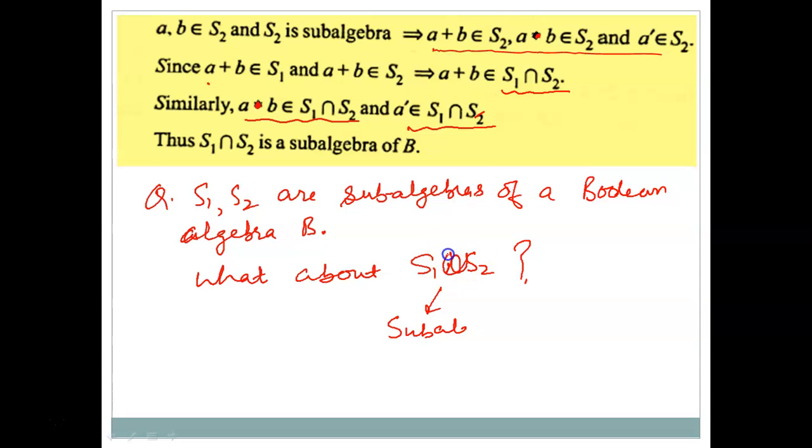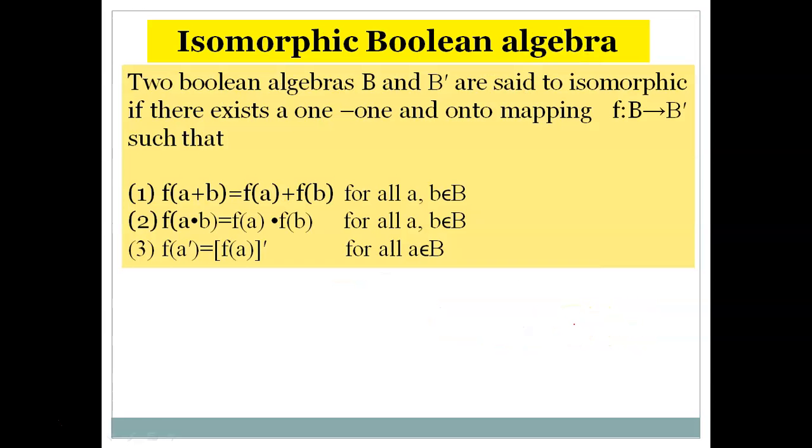Not intersection but union. Is it a subalgebra of B or not? So this is a question. You can try this. Next come to the isomorphic Boolean algebras.